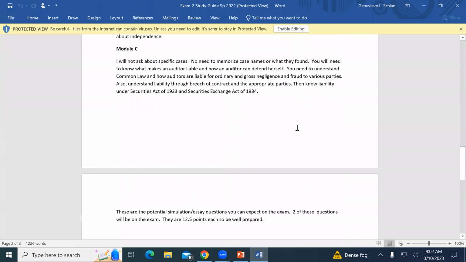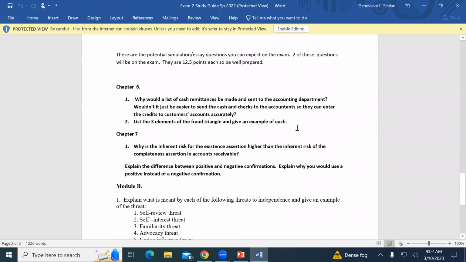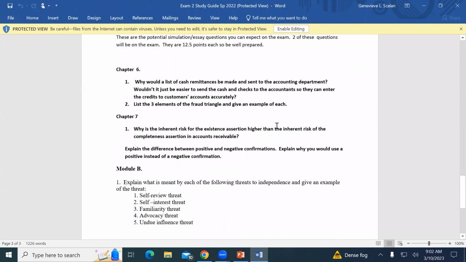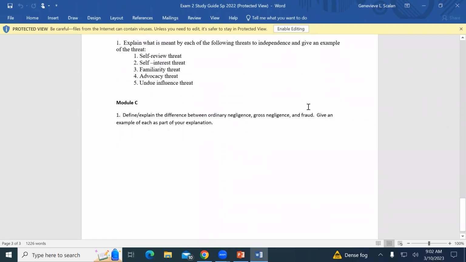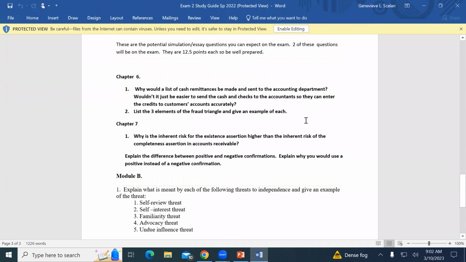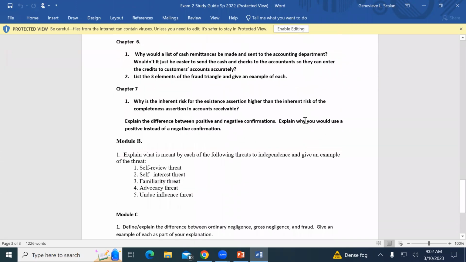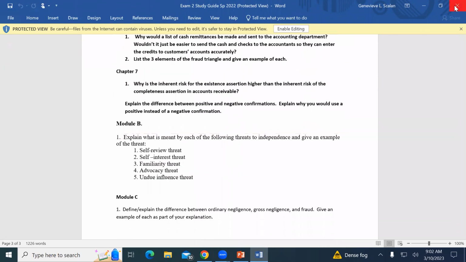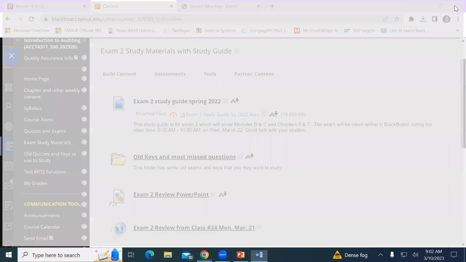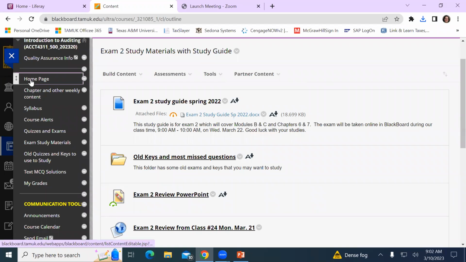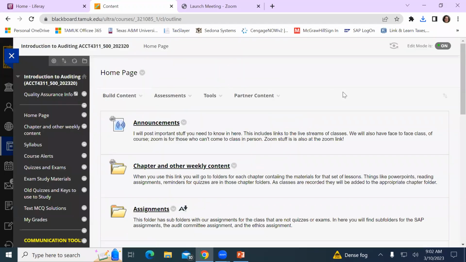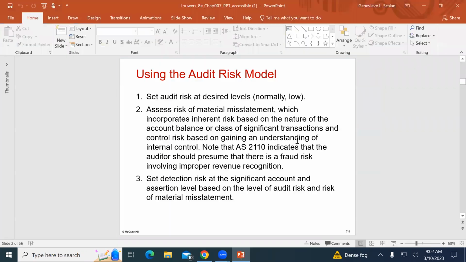There's no reason to not have a complete full answer for these short essay questions. You have plenty of time to look up the answers, have them ready to go. So I expect a decent answer. All right, so that's about it. Just remember that tonight, survey and quiz due. On to finishing chapter 7.